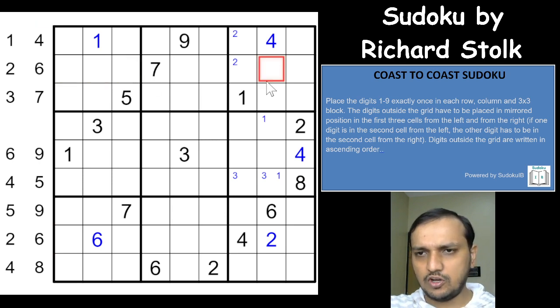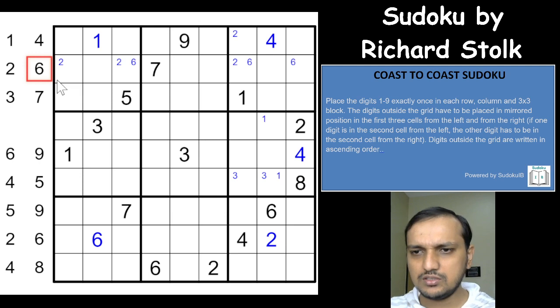Both 2 and 6 cannot be here, so it cannot be here as well. You cannot have a 2 here, which means you cannot have a 6 here. So you can have a 2 here or a 6 here.